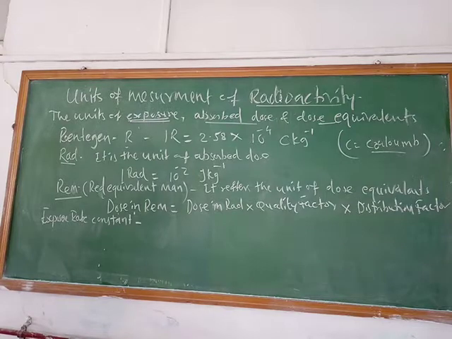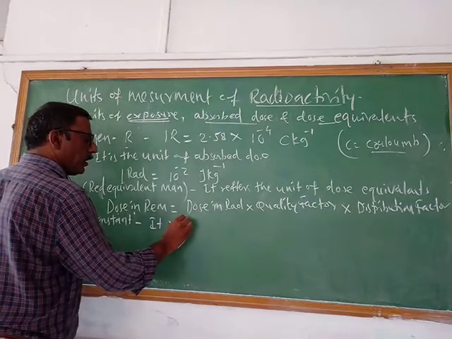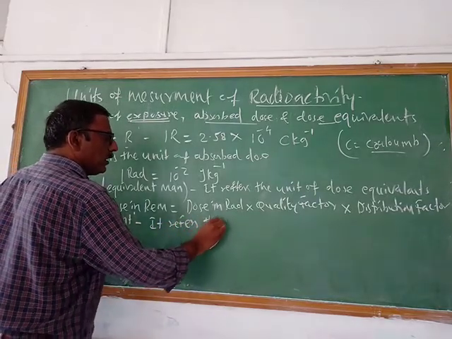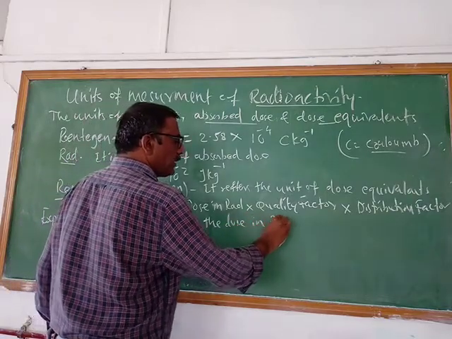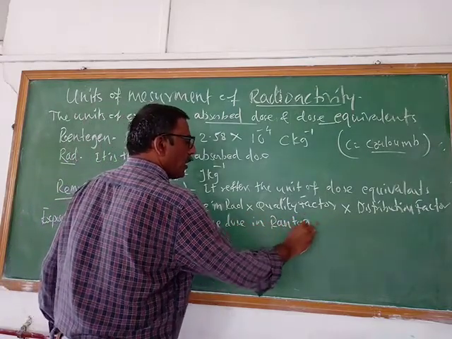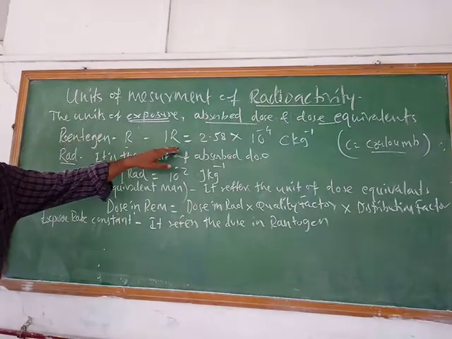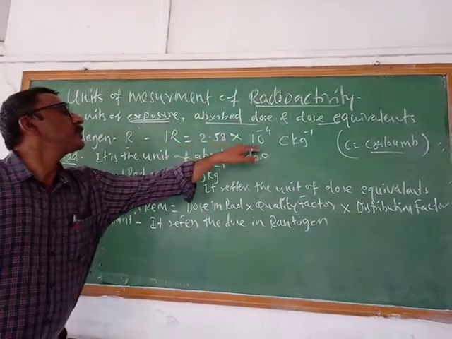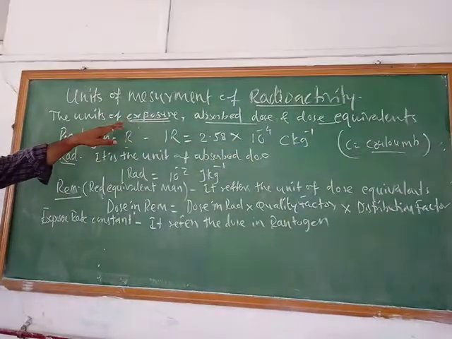It refers to the dose rate in Röntgen. 1 R is equal to 2.58 into 10 raised to minus 4 C/kg. That is the unit of exposure.